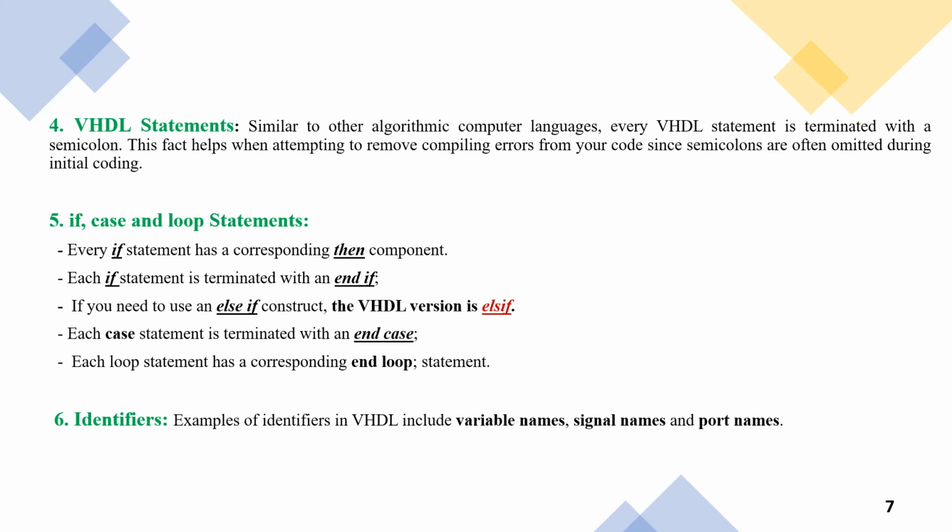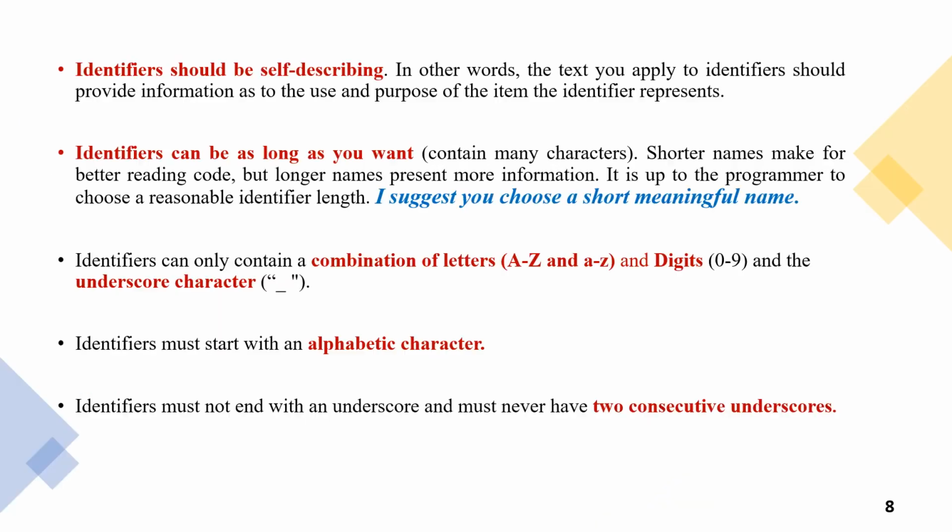What are identifiers? Identifiers include variable names, signal names, and port names. Identifiers should be self-describing. It means the text you apply for identifiers should provide information about the use and purpose of the item the identifier represents.